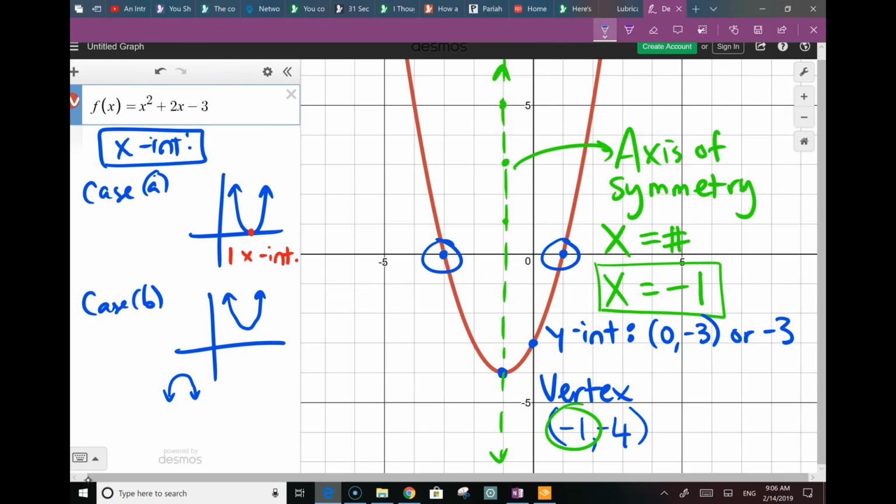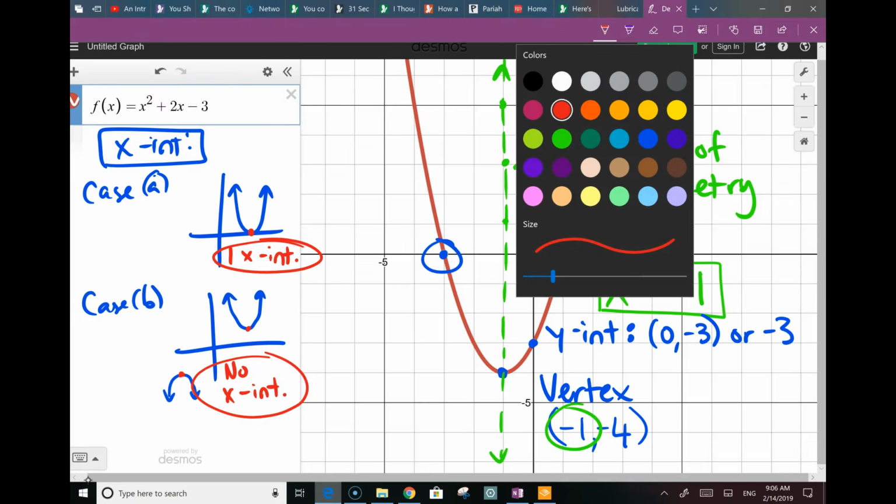And in that case, there are no x-intercepts because neither the highest point, which is there, nor the lowest point, which is there, ever touches the x-axis. So there are no x-intercepts in this case. So we have either one x-intercept, we have 2 x-intercepts, as you can see on the red graph on the right side, or we have no x-intercepts at all.